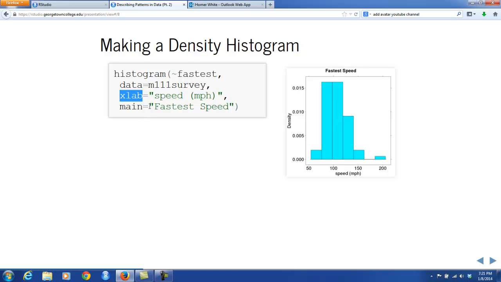You also want to provide a title for the histogram. That's done with the argument main, and so you put the desired title again in quotes. So there are 4 arguments to this function, all of them separated by the commas as you see here, and they produce an output that looks like this. You don't have to worry about the y-axis. That will say density.